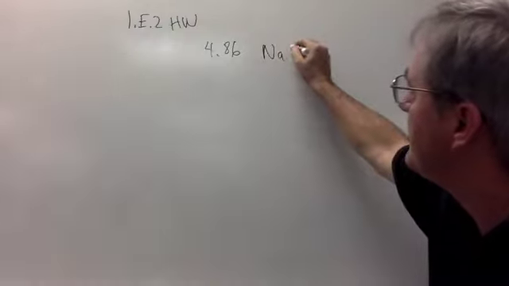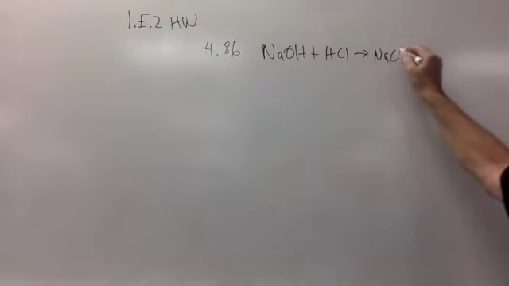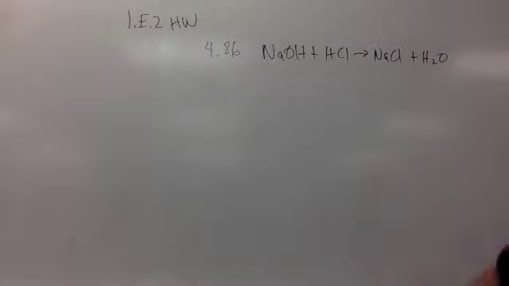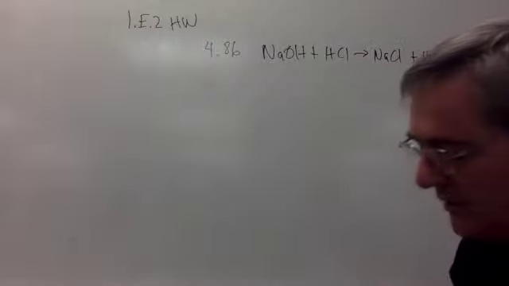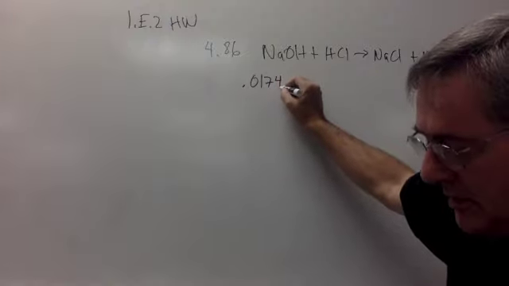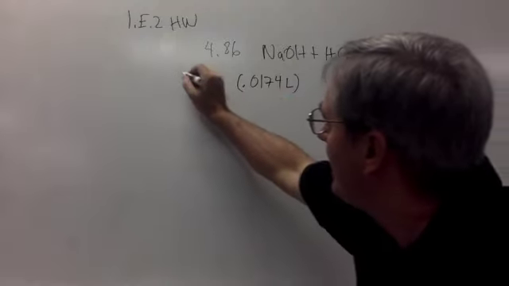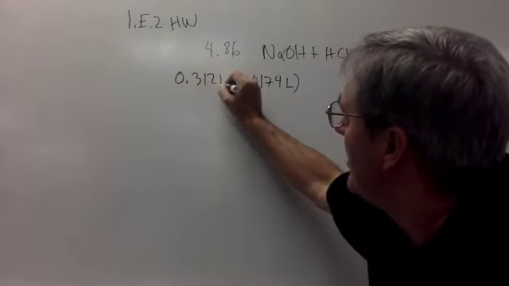We have NaOH reacting with HCl to make NaCl plus water. We had 0.0174 liters and a molarity of 0.312.